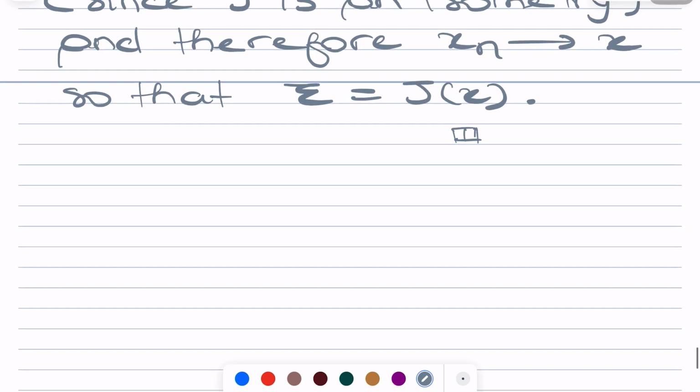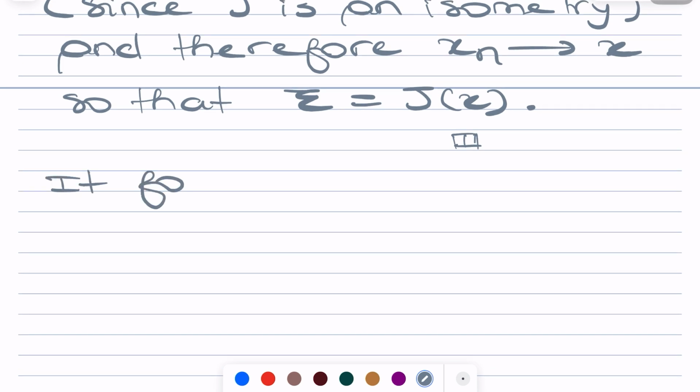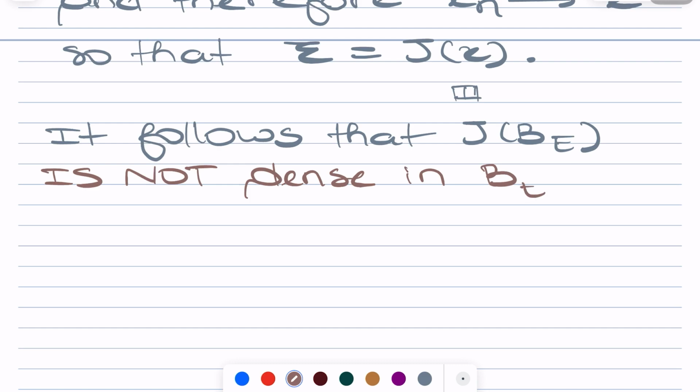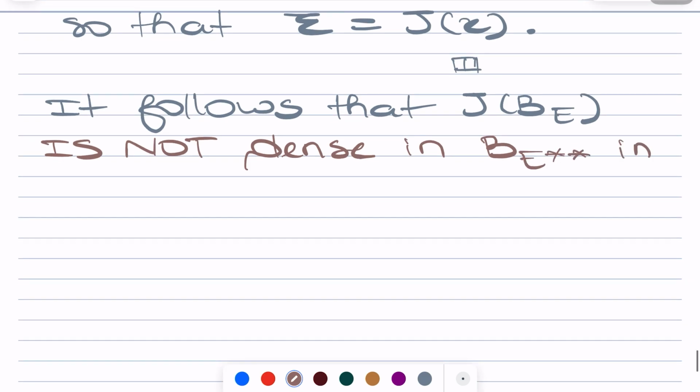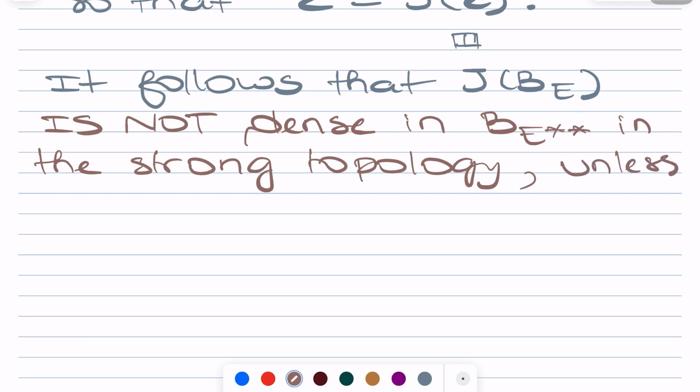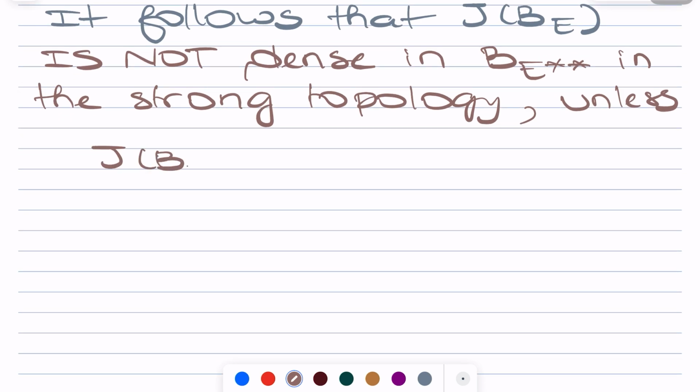From the following remark, it follows that the image of the closed unit ball via J is not dense in B E star star in the strong topology, unless the image of the closed unit ball is equal to B E star star.